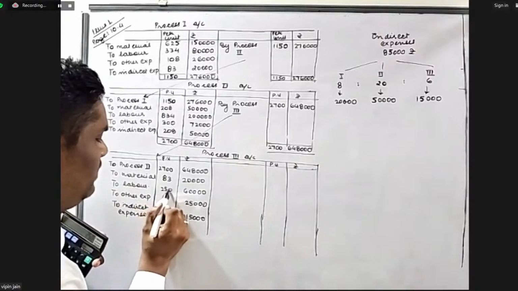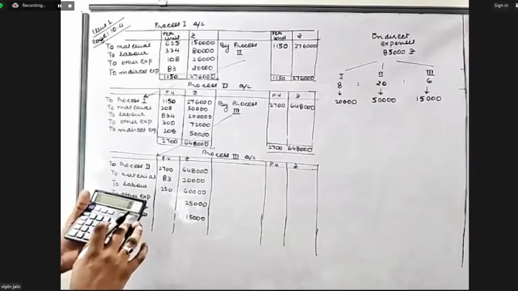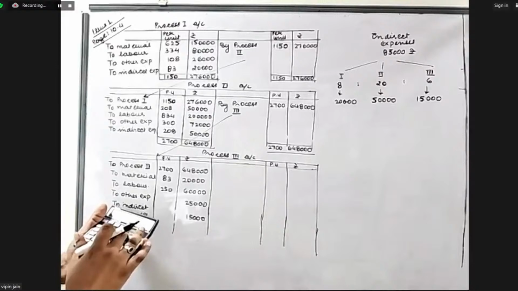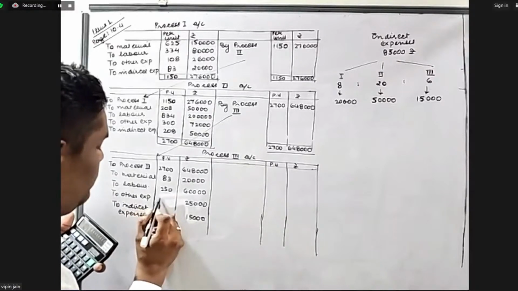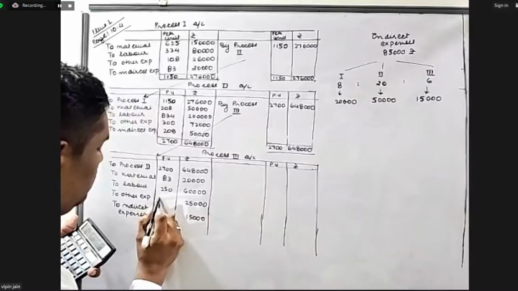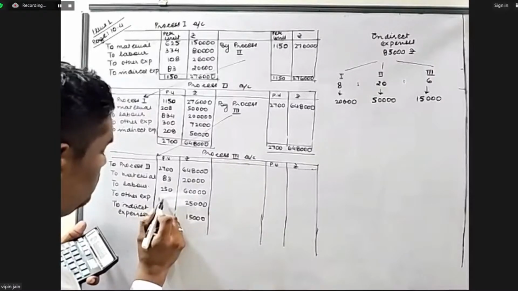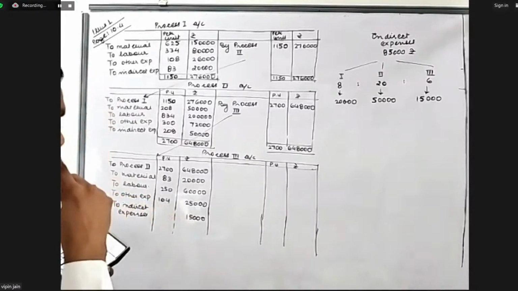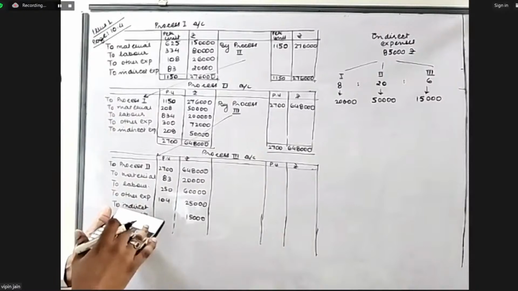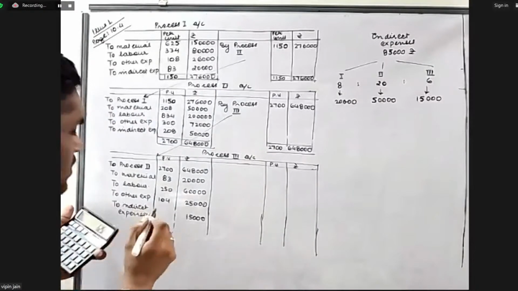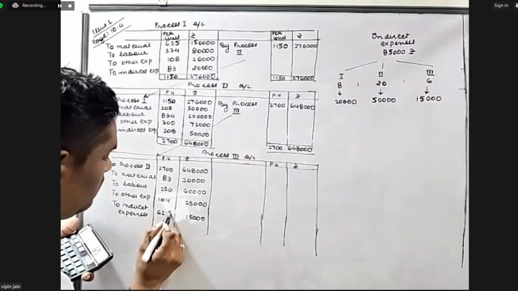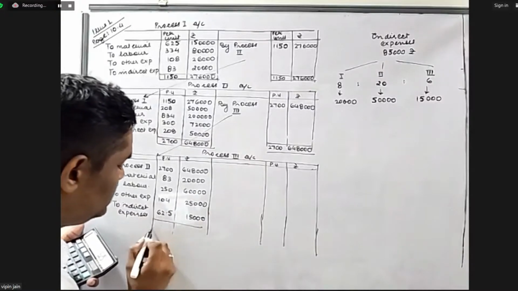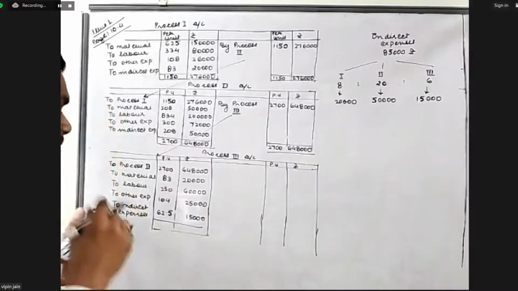This will be 250. This will be 104.2. 62.5. This is how we'll get the total cost.